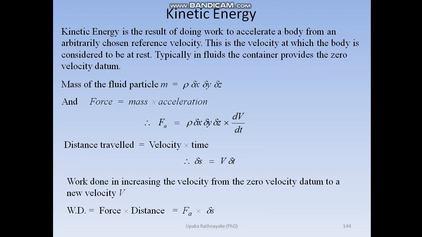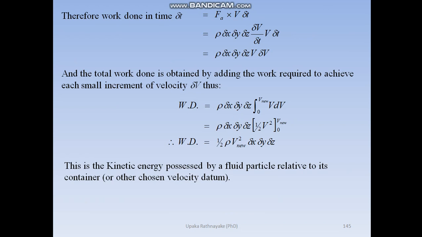Please look at the calculations and understand how this half comes into the equation. Now, if we define the same in solid mechanics, it's half mv squared. Now, this m goes to rho times volume in fluid mechanics.